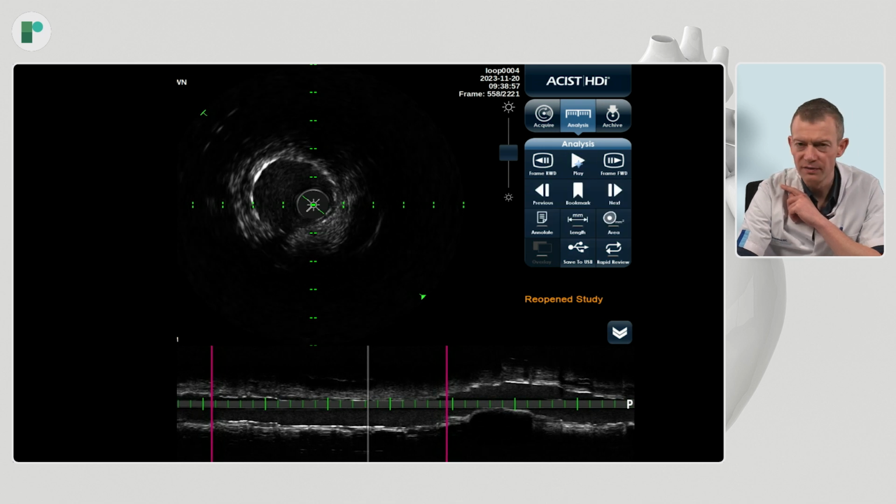So what you want to achieve in terms of expansion, at least an area, a minimal stent area that is above 90% of the distal reference, or a minimal stent area of 5. Obviously this 5 is an arbitrary figure. You can also use 5.5 depending on perhaps somewhat more Western studies. But the point is that you also need to consider that the 5 needs to be put into perspective to the size of the stent.